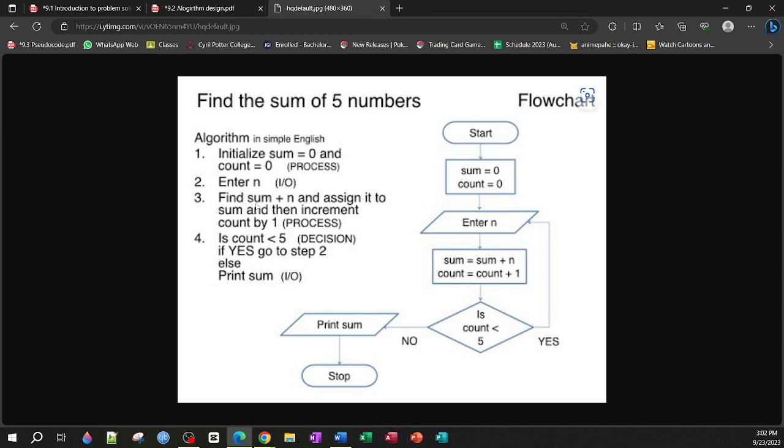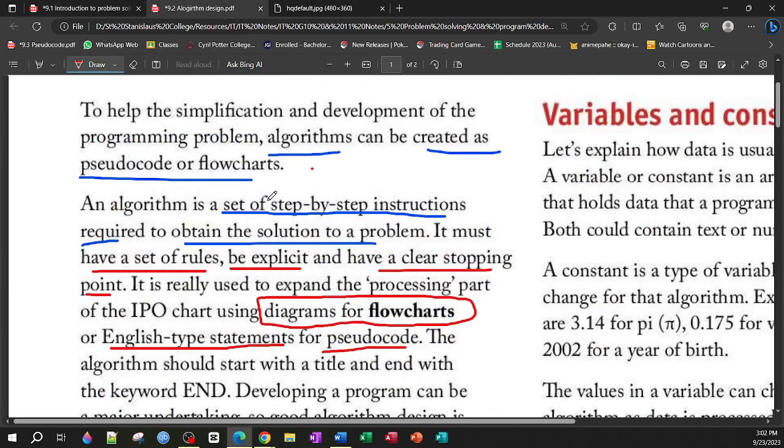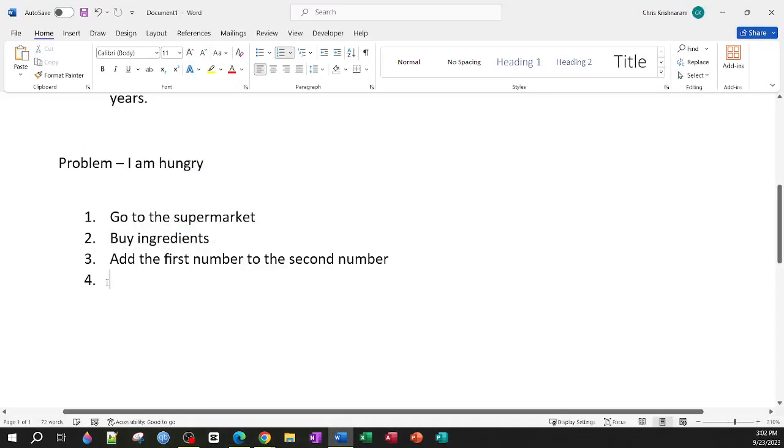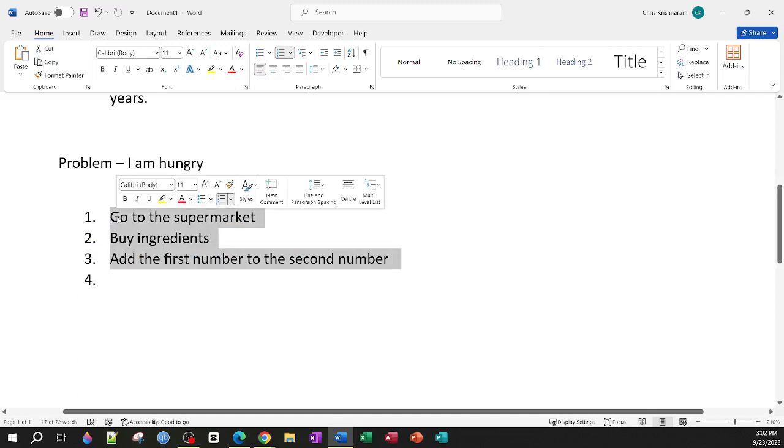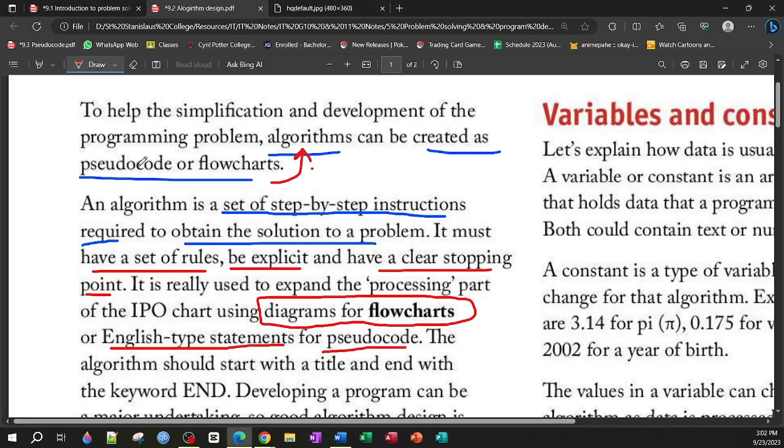All I'm showing you right now is that a pseudocode, an algorithm, and a flowchart are just ways of representing the algorithm. They're different methods of representing it. The algorithm is writing it plain in English, more descriptive. A pseudocode is kind of the same thing. You're writing it in English words, but it has a bit more of a rule, a bit more of a guideline.